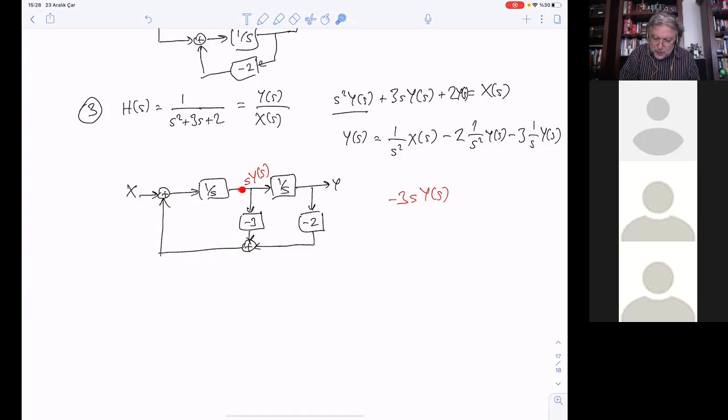Then it passes through 1 over s here, and then it passes through another 1 over s before it reaches y. And what does that make? This s and this 1 over s, one of them cancels. It becomes minus 3 times 1 over s y of s, which is exactly the same as this one, by the way.